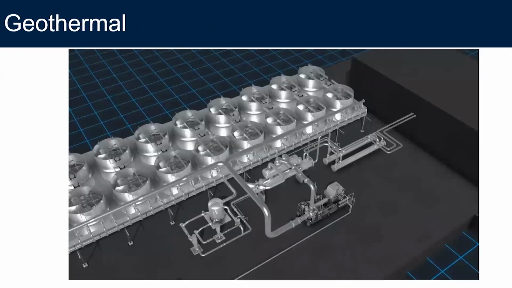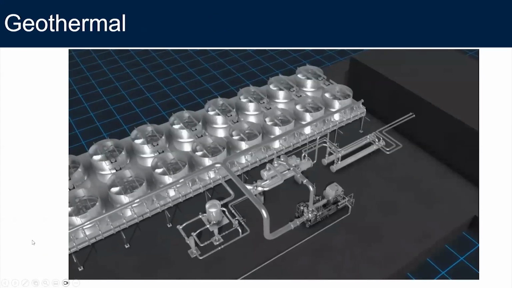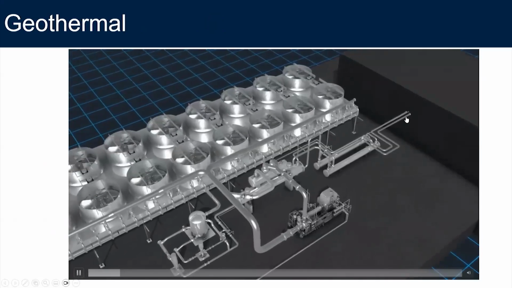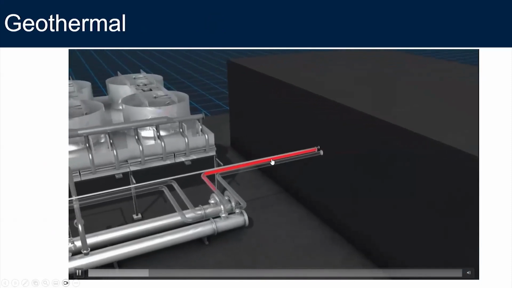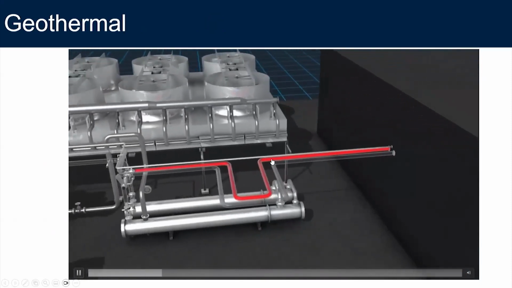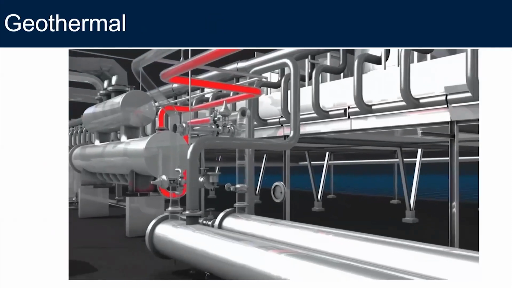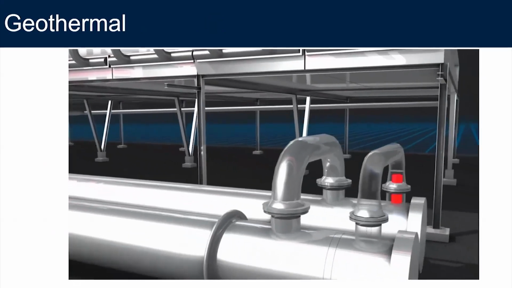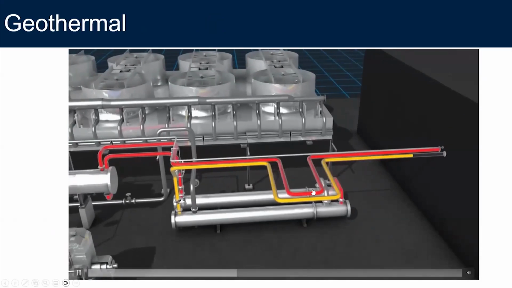So this is just an animation of the working principle of the geothermal power generation. We have the red liquid coming in here. That's the low temperature water coming in from the thermal source, and then it passes through the heat exchanger, and the yellow liquid is the returning liquid.